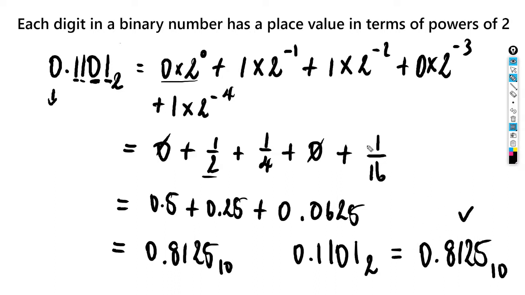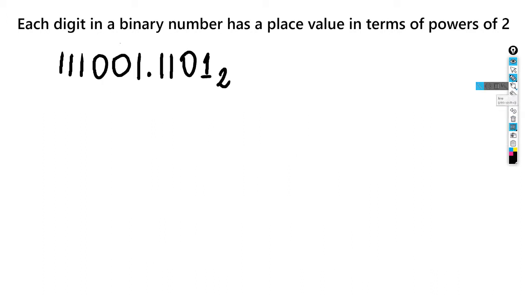Cool. So let's look at one that has normal binary numbers and numbers across the decimal point as well. Let's look at another example. All right, guys, great. So let's look at this example now. This is another binary number, and we need to find the answer.